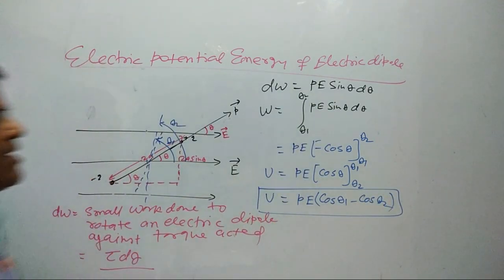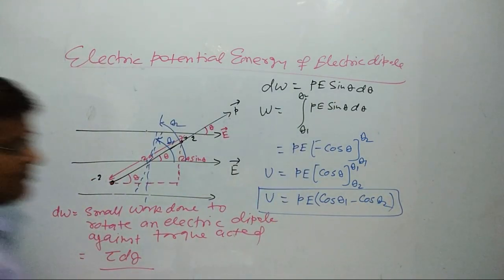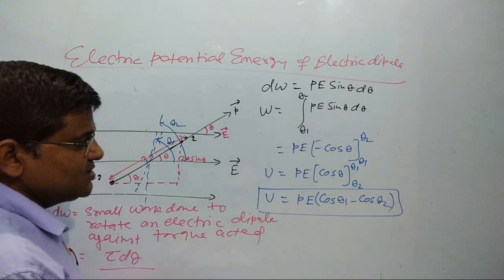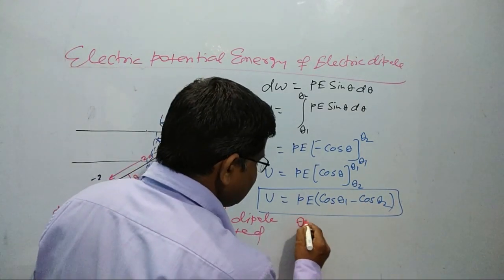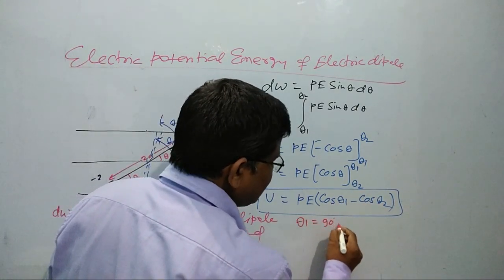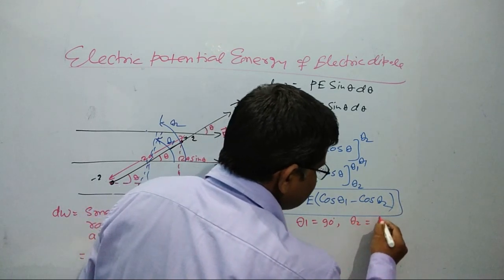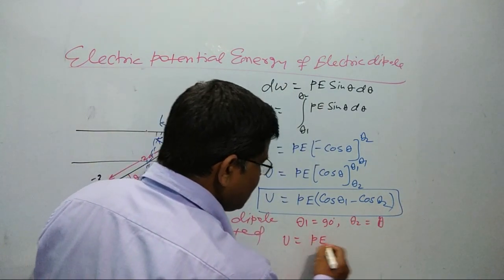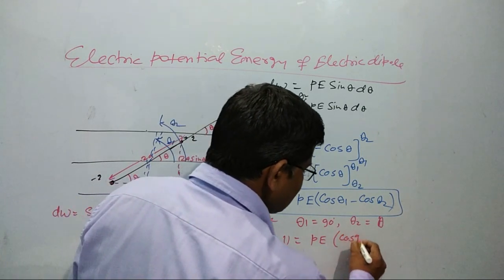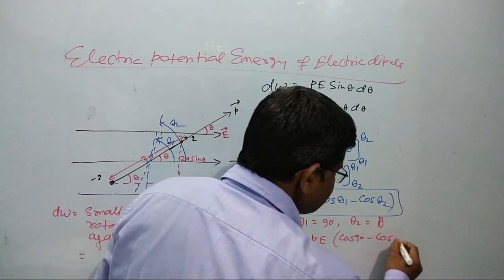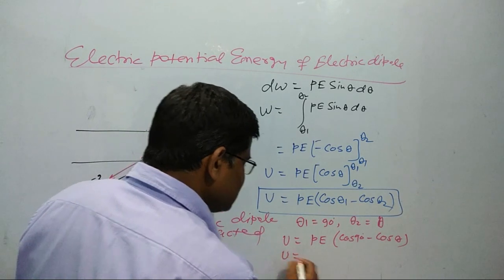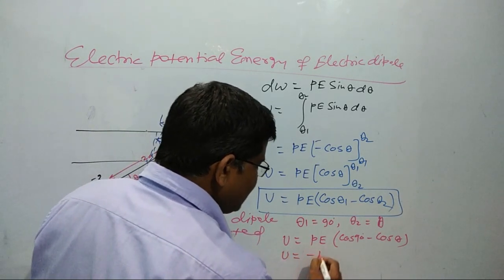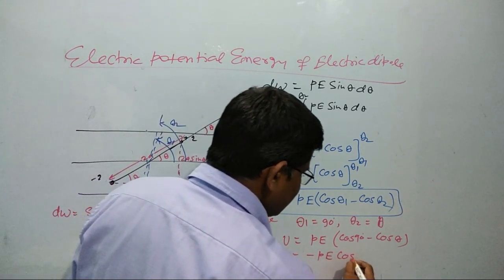Now, if theta 1 is considered as 90 degrees, and theta 2 is theta, then the equation becomes pE (cos 90 minus cos theta), and this becomes U equals minus pE cos theta.